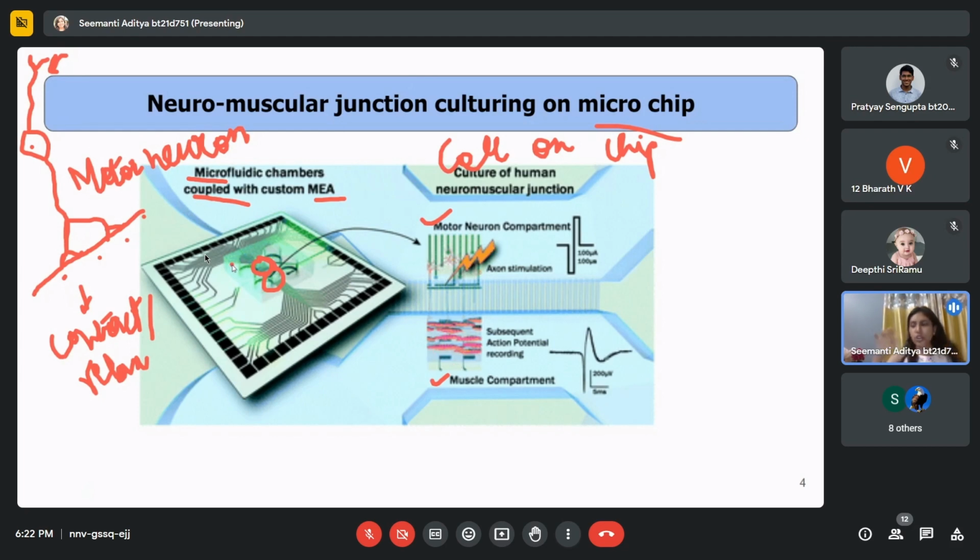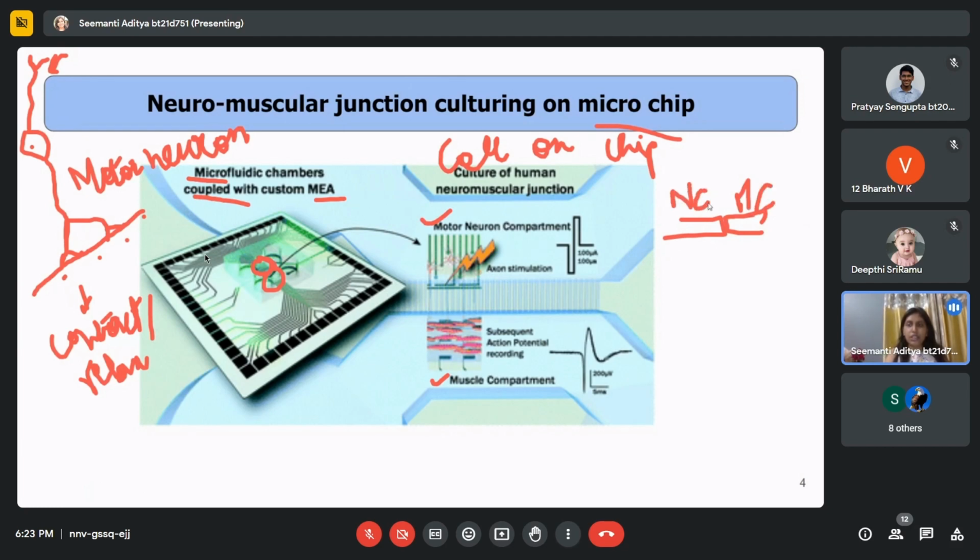The neuronal cells will extend their processes. These cantilever systems are very close to each other, not very far. This is one cantilever and this is the other cantilever, very close to each other, but not the same cantilever. Here they are growing the neuronal cells, and here the muscle cells.